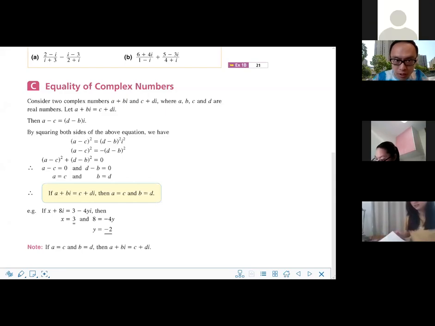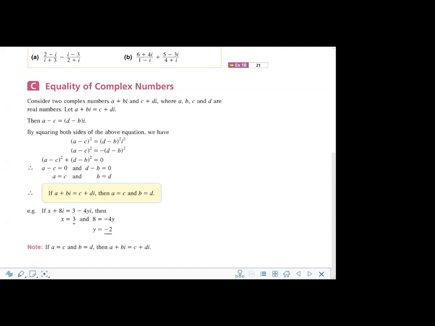Okay, so in chapter 1, there is one more concept that we are going to learn about complex numbers, but that is a simple one.